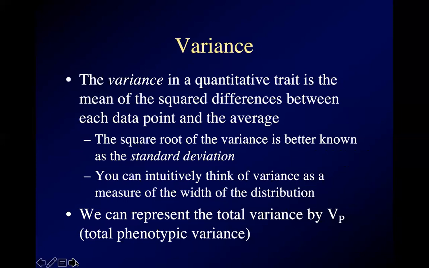And if we have a population that has some phenotype, we can measure the phenotype of the whole population and calculate the total phenotypic variance and call that V sub P. So I could measure the height of all of you, calculate the mean, use that to calculate the variance. And intuitively, you can think of the variance as being an estimate of how narrow or how wide that bell curve looks.